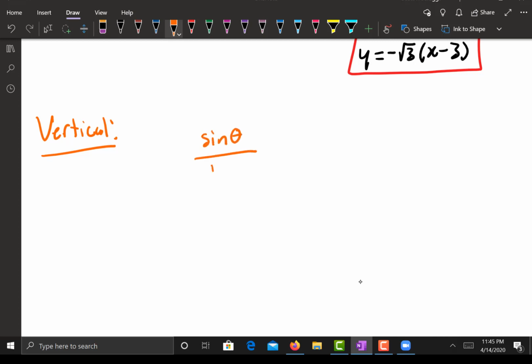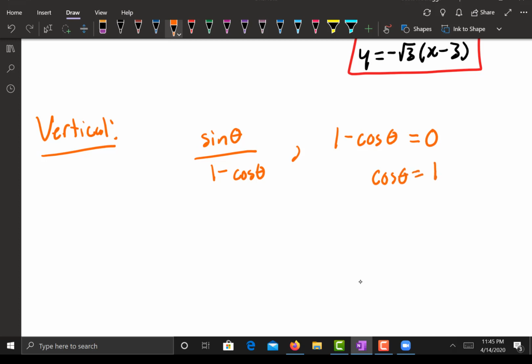So sine of theta over 1 minus cosine of theta, that means I want that guy to be undefined. Well, the way that I need that to be undefined is for 1 minus cosine of theta to equal 0, or cosine of theta equals 1.